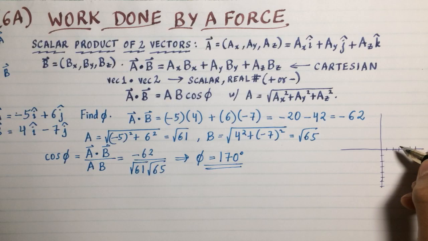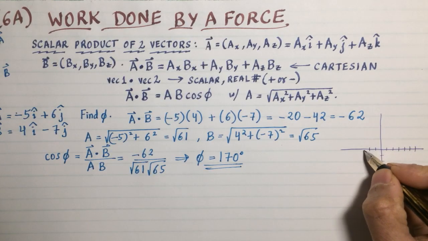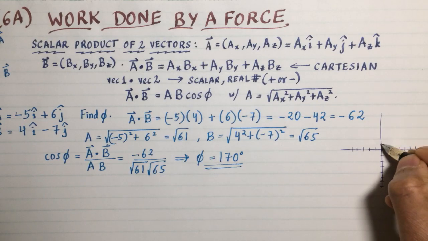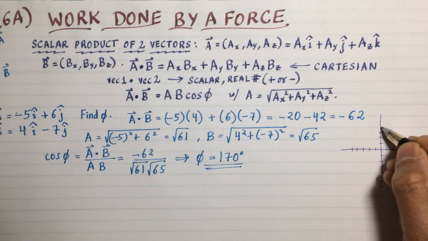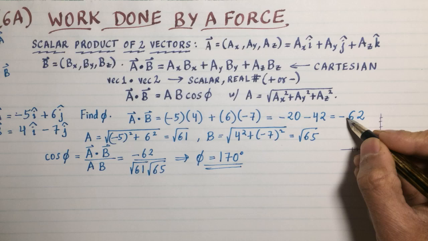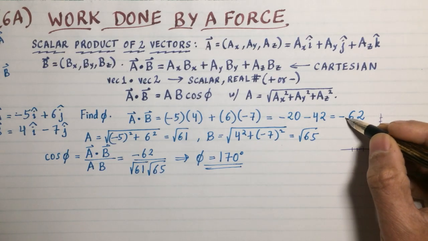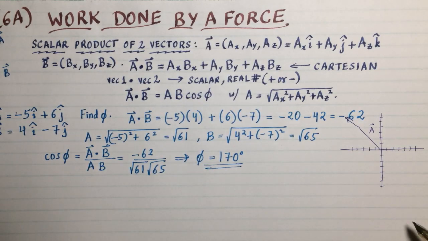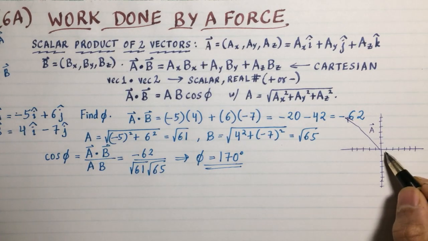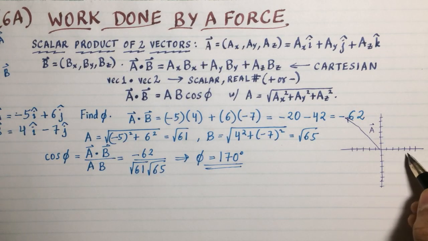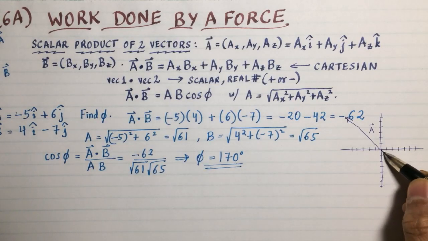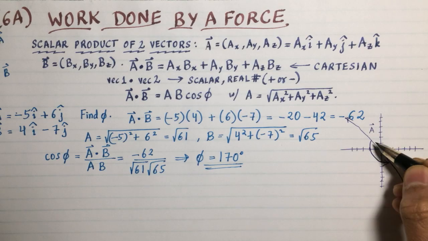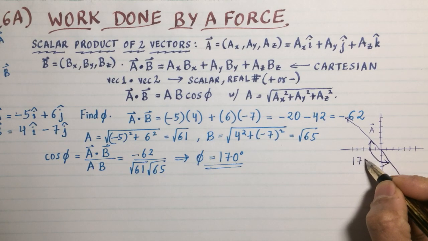So A is going to be here, negative 5, and then positive 6. So A is going to be something like this. Okay, it's a very crude picture. And B is going to be 4 and negative 7. So you can see that that angle is basically 170.